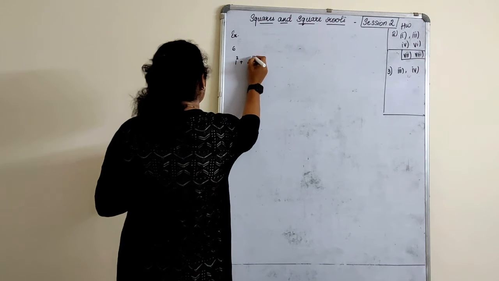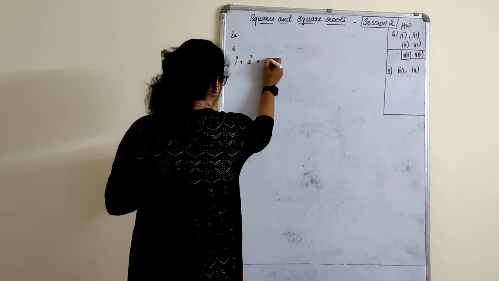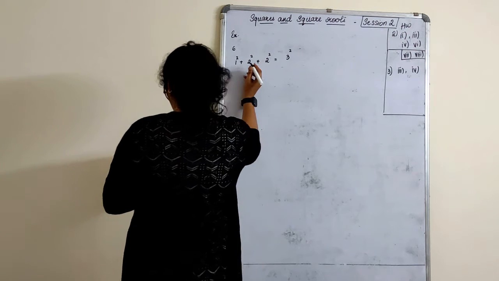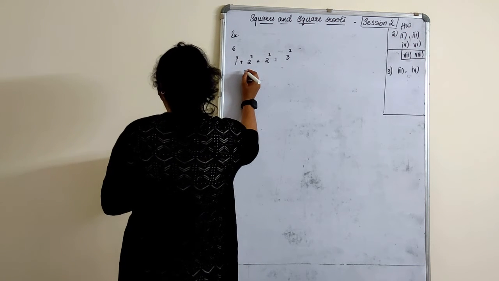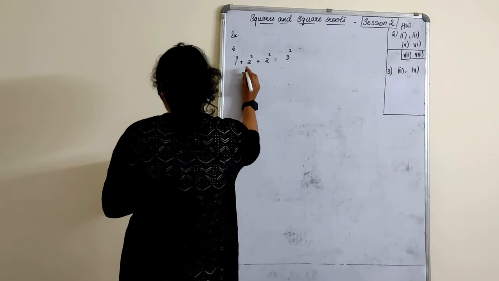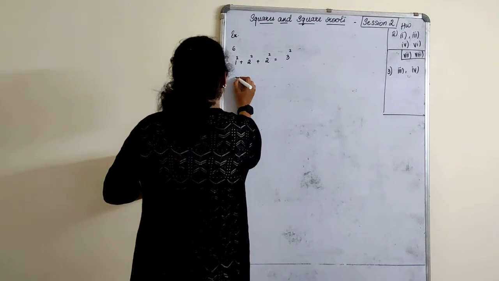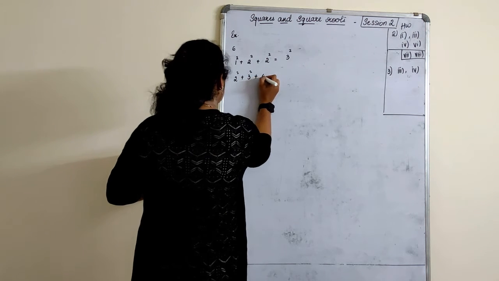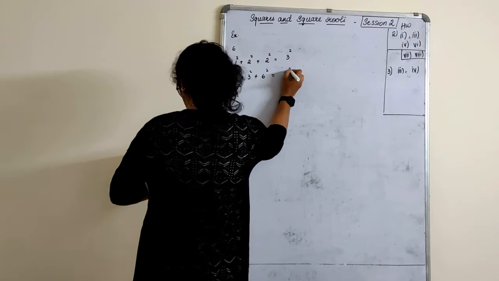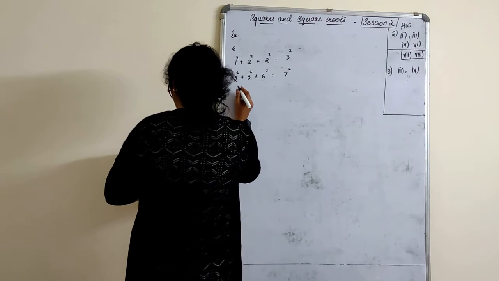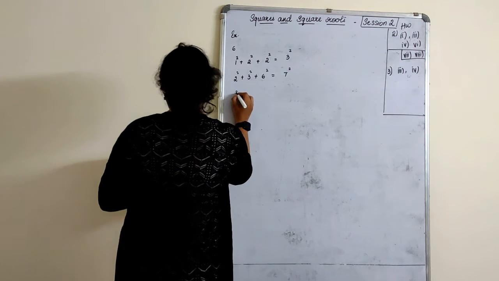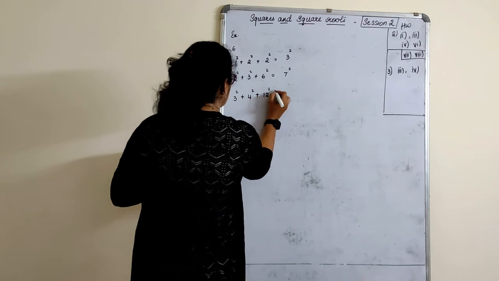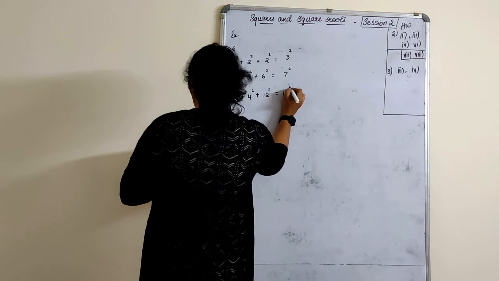1 square plus 2 square plus 2 square is equal to 3 square. Then the second one is 2 square plus 3 square plus 6 square is equal to 7 square. Then we have 3 square plus 4 square plus 12 square is equal to 13 square.